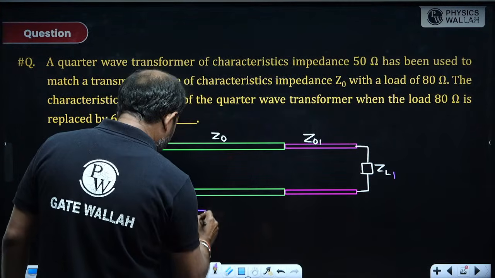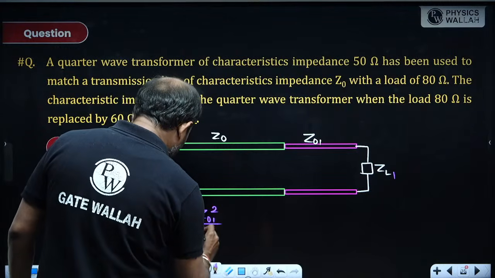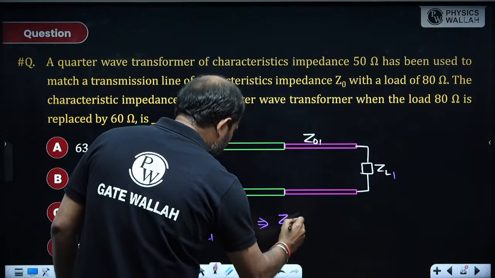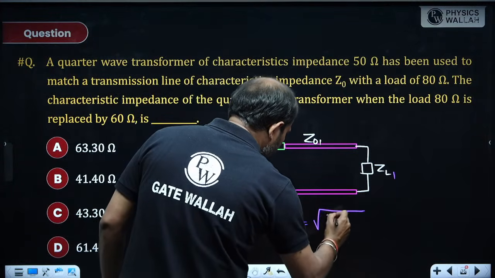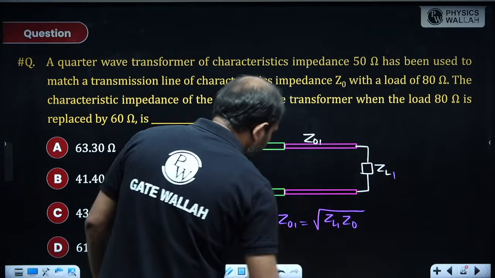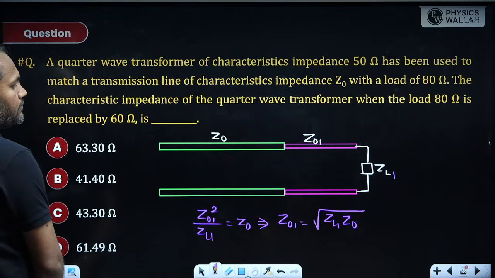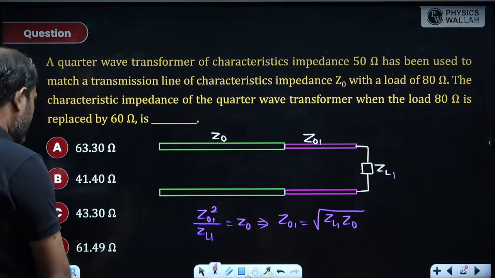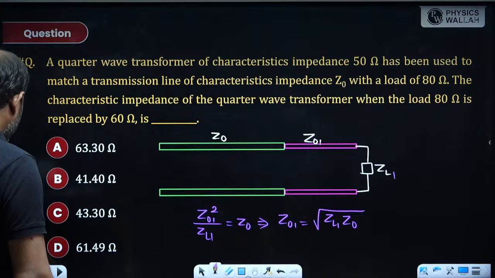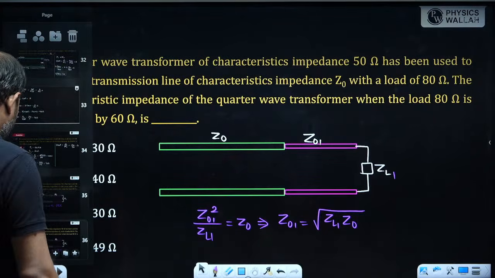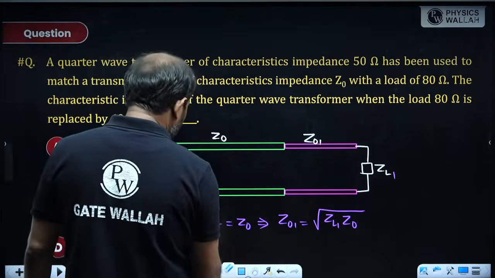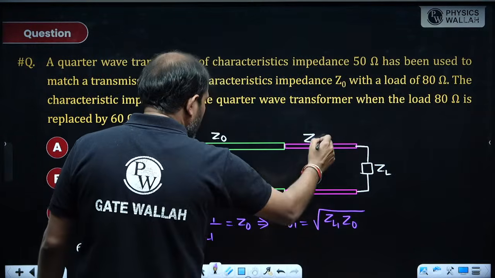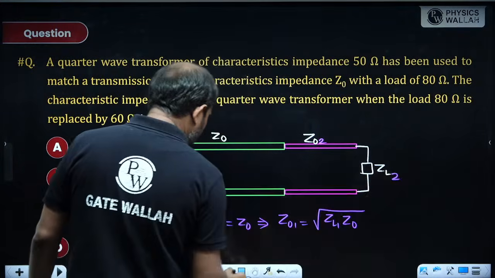So input impedance Z01 square upon ZL1 is equal to Z0. So Z01 is equal to under root ZL1 into Z0. Next case, it is replaced by Z02, and it is ZL2.